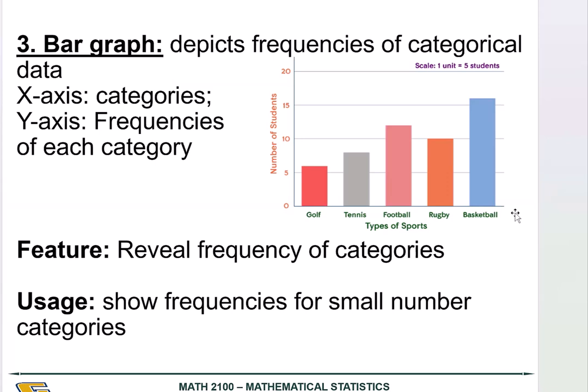So here, this bar graph is about the type of sports students prefer, say something we want to know before we build a new sport complex in the university. The feature here is that it helps to reveal the frequency of categories, and it is also very helpful to show frequency for a small number of categories.